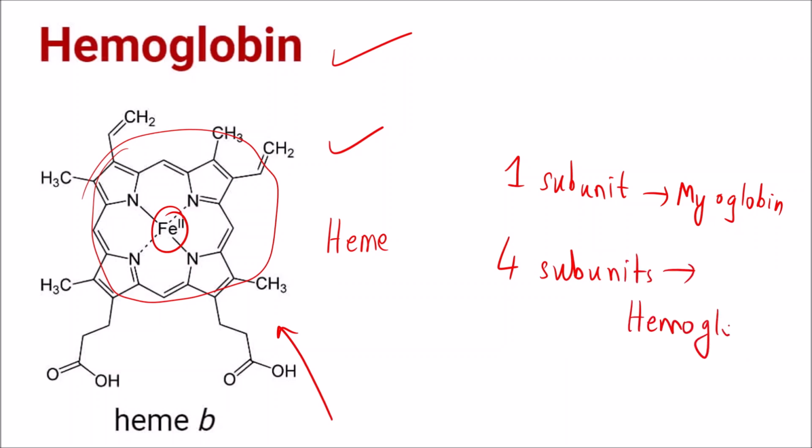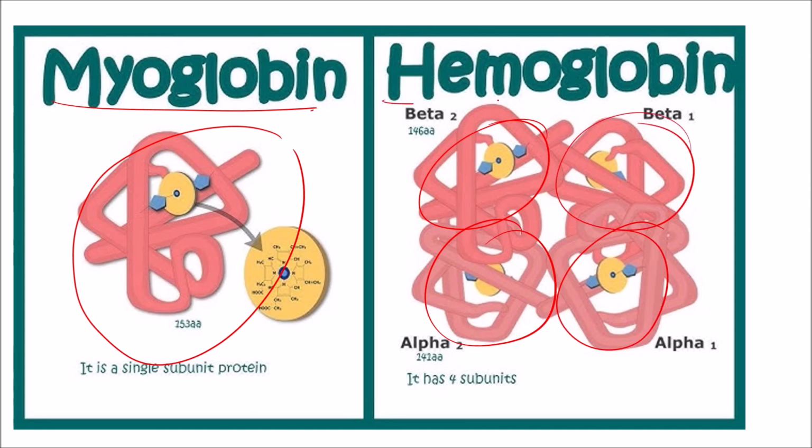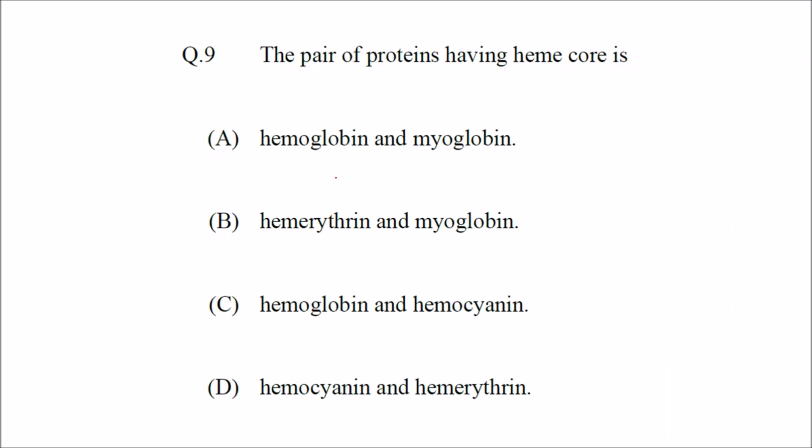Hemoglobin. So 4 subunits you can see here, then it is called hemoglobin. So the structure is basically the same. Both myoglobin and hemoglobin have the heme complex present. So hemoglobin and myoglobin, the correct answer is option A.